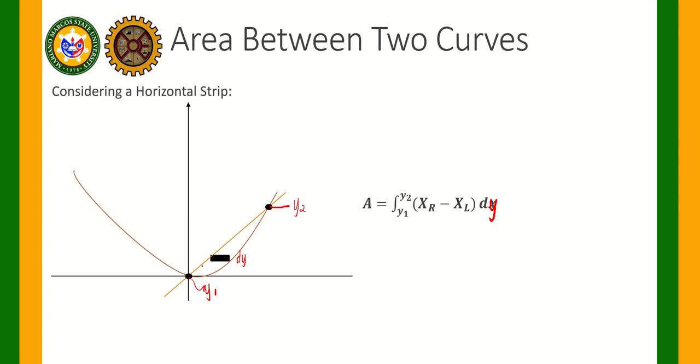Now, how do we get the function under these two curves? Meron tayong x sub R minus x sub L dito. Yung x sub R natin is the function touching the right side of our strip. So nasan yung right side niya ito? So ibig sabihin, this is our x sub R. And for our x sub L, the function touching the left side of our strip, ito siya.